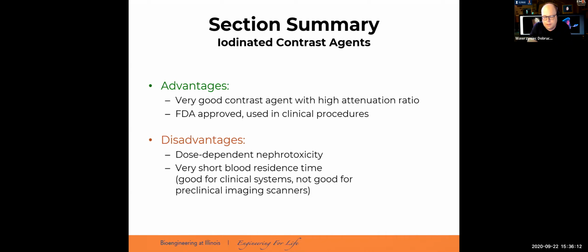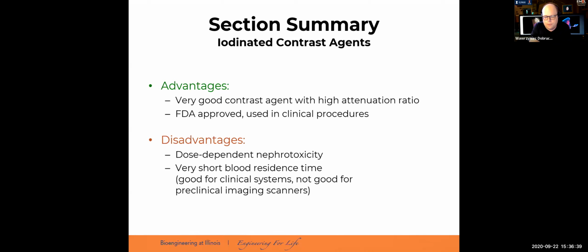The other thing is that the iodinated contrast agents used in clinics have a very short blood residence time. Very quickly after injection, they disappear because they are washed out by the blood, filtered by kidneys and excreted through urine. This is good for clinical systems, but not good for preclinical imaging systems.